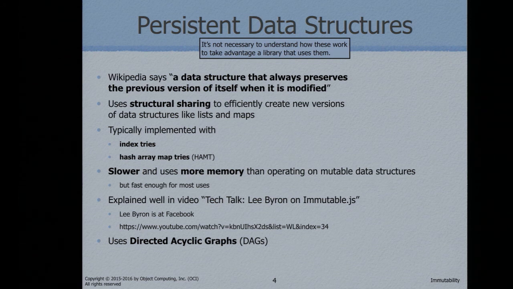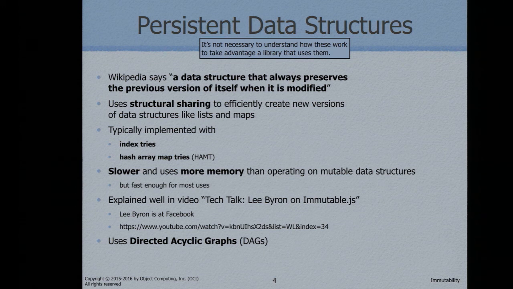We're going to talk about how those are actually implemented in just a couple of slides. These approaches are slower than using mutable data structures, and they use up more memory. But it's not a lot slower, and it doesn't use a lot more memory, so it's sufficient for most applications. There's a really good talk on this from Lee Byron that you might want to check out if you want to see more detail, but I'm going to hit the highlights of it in the next several slides.